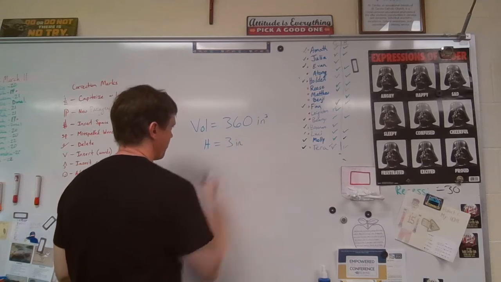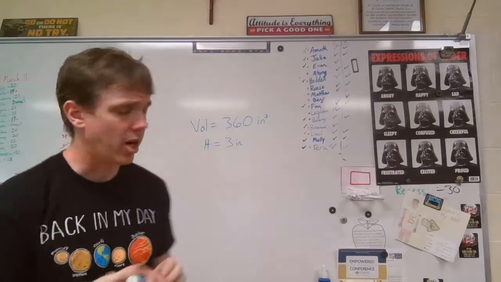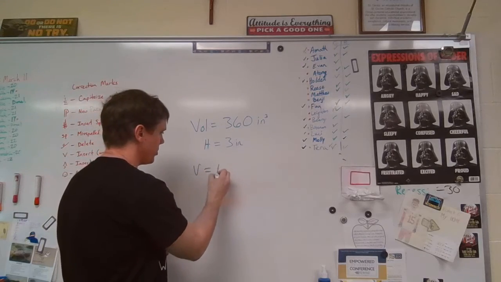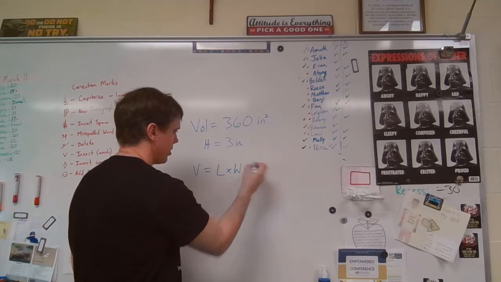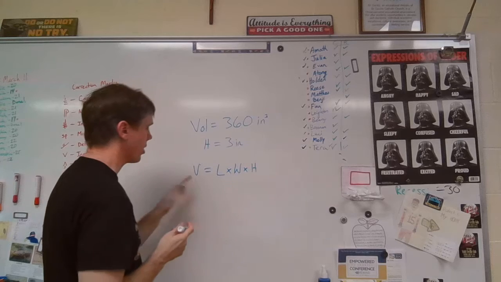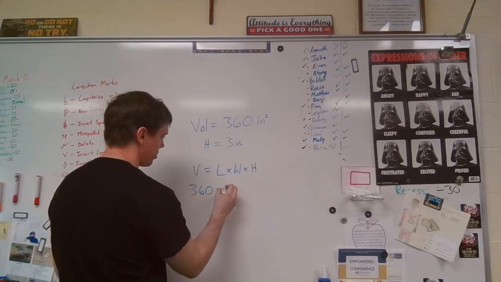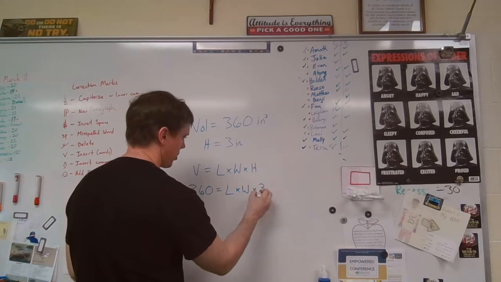Okay? Now, if you remember from the last lesson, and from previous times that I've told you, volume is equal to length times width times height, right? Now, we already know some of this information. So we know that 360 is equal to length times width times 3.